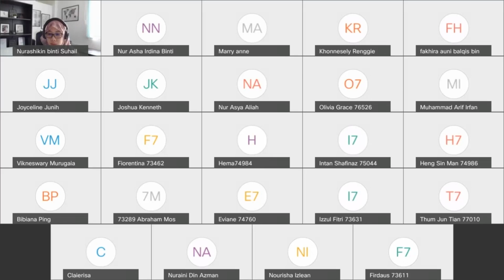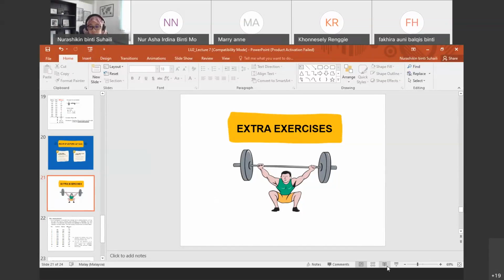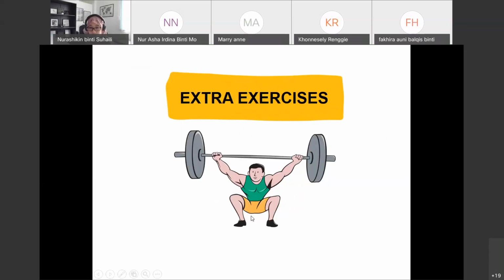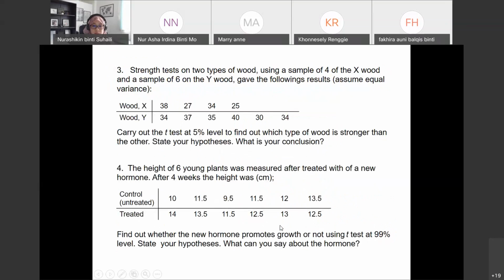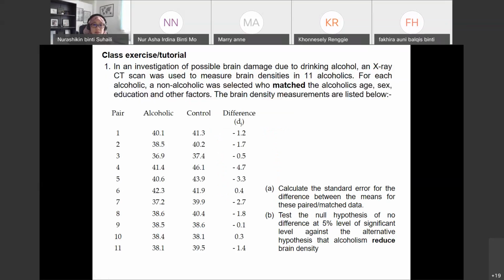I have some questions here, but I hope you can do them by yourself at home, because I don't want to waste your data by having you spend it here. I have 4 questions, and this kind of question is like the questions we're going to ask in the exam, so familiarize yourself with them.